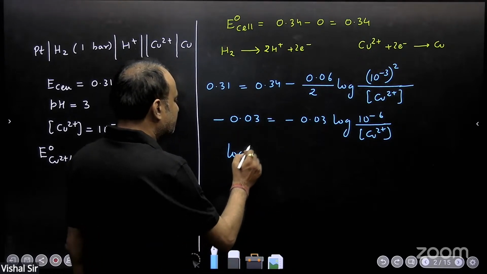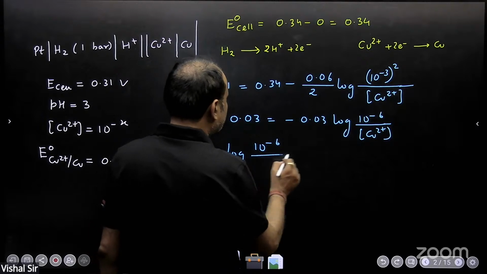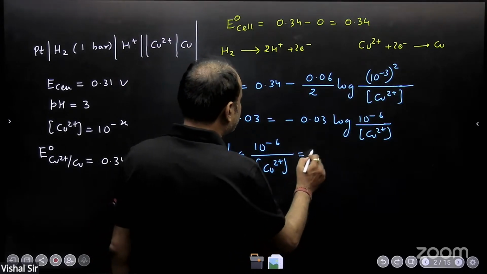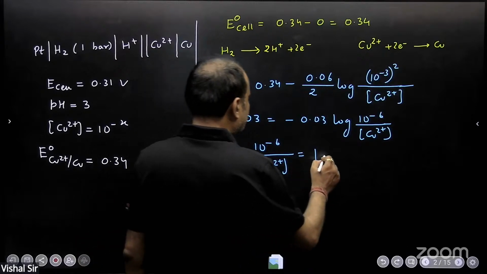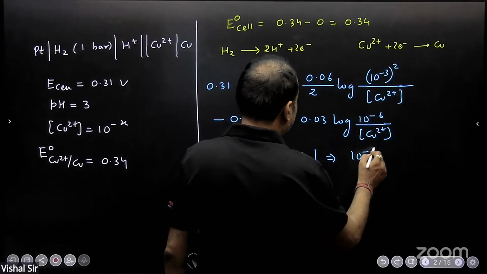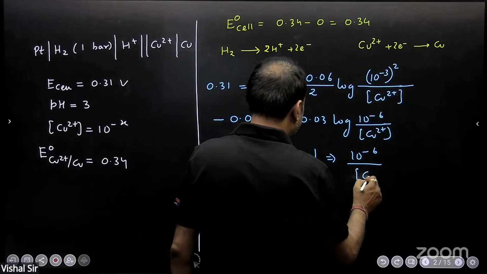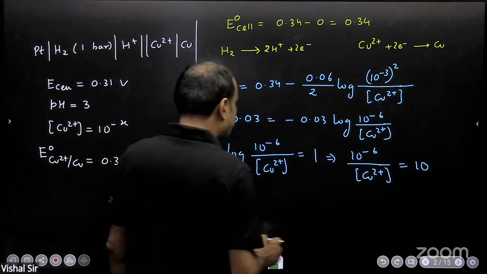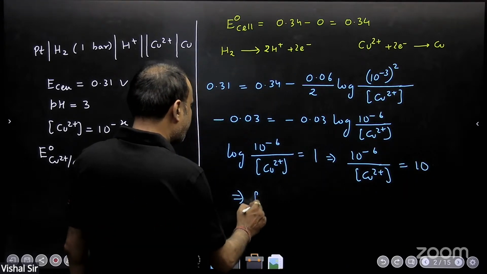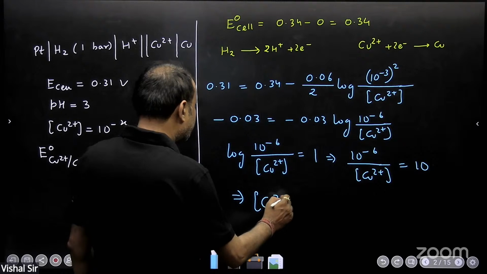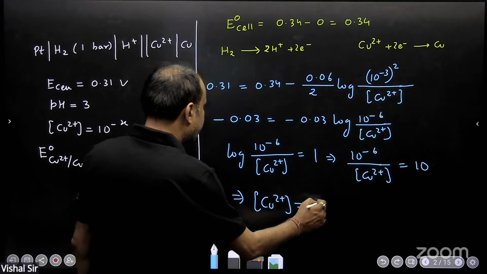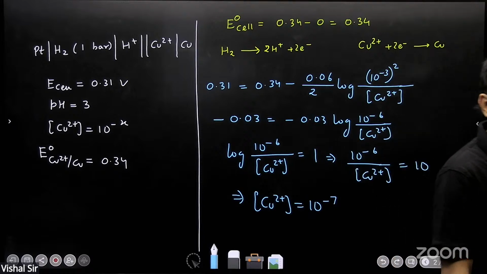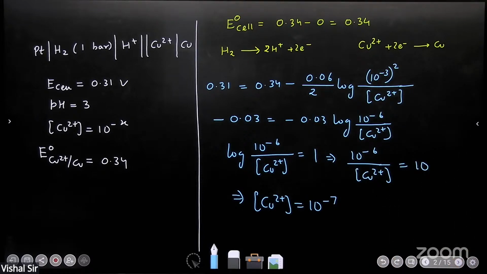So our equation is log of 10 raised to minus 6 by Cu2 plus is 1. So removing log, 10 raised to minus 6 by Cu2 plus concentration is 10. So Cu2 plus concentration is 10 raised to minus 7. So our answer for x will be 7.